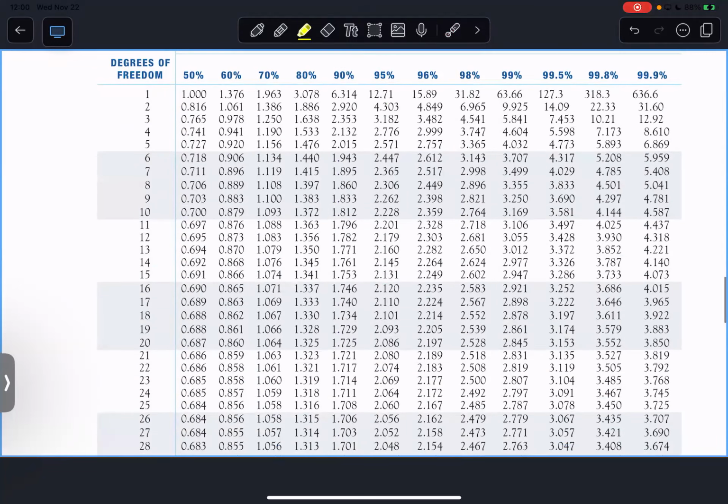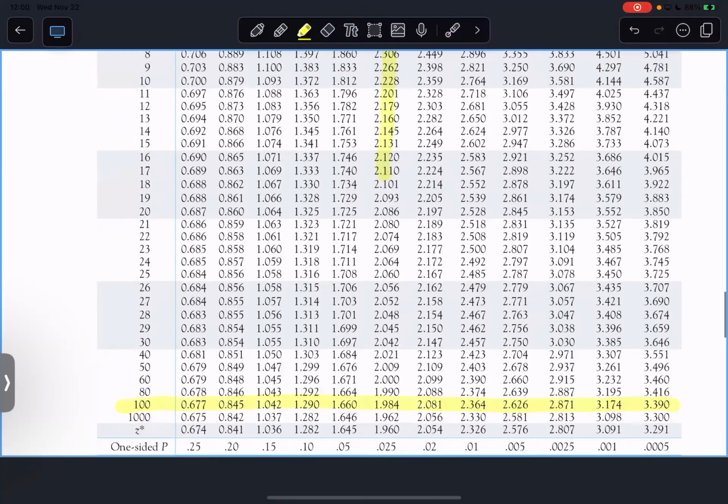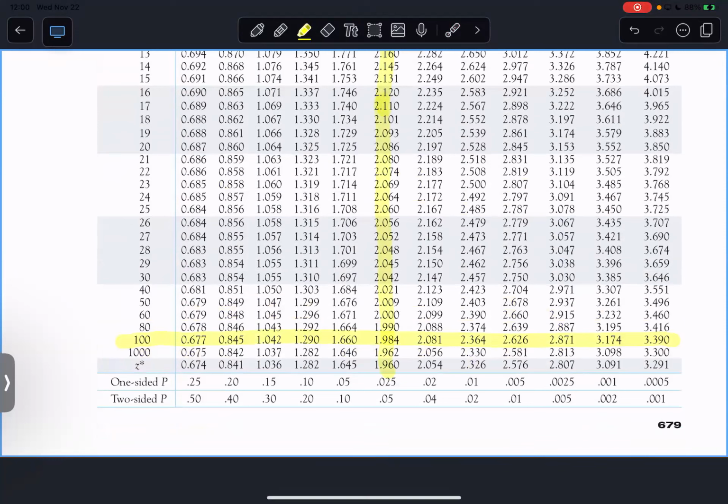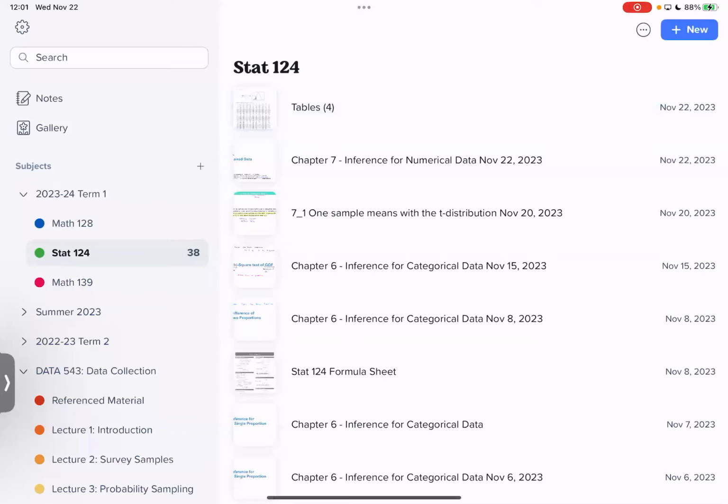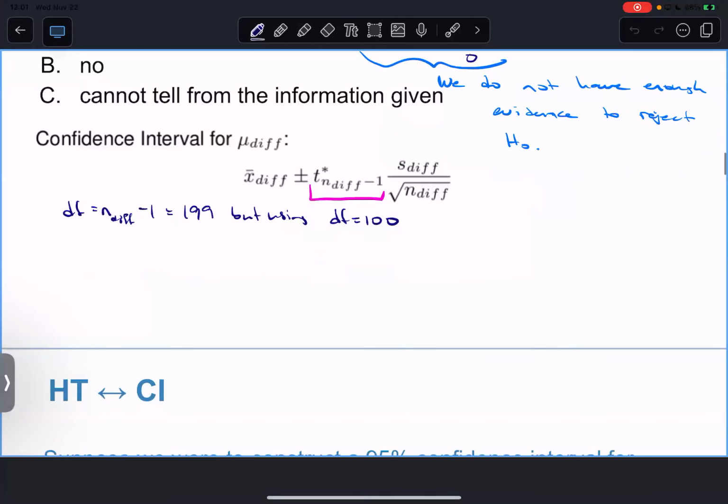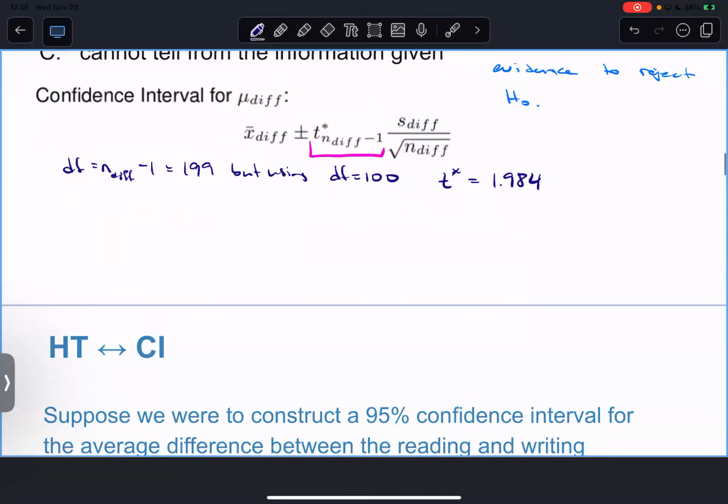And so here, 95, 1.984 is going to be my T star. T star is 1.984.